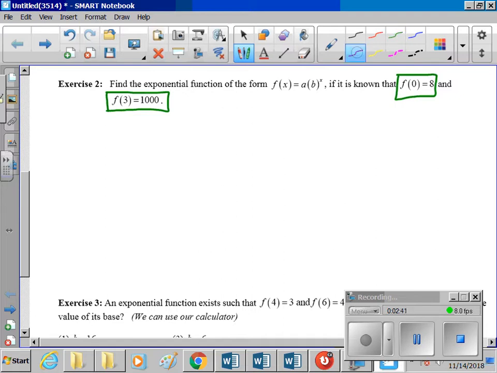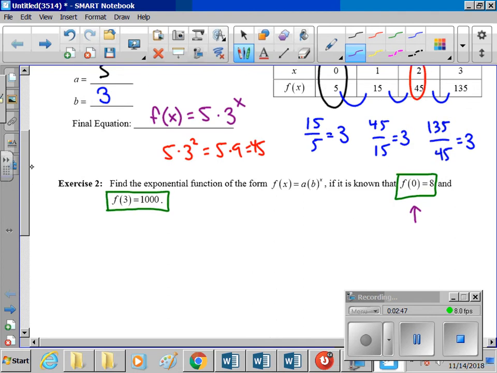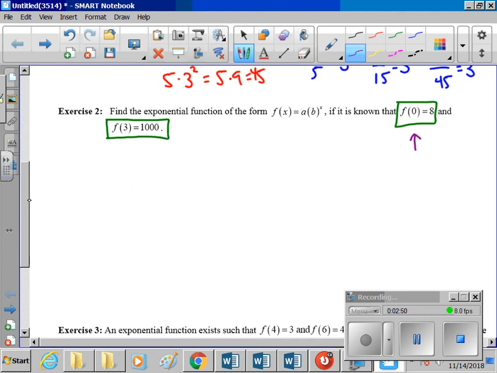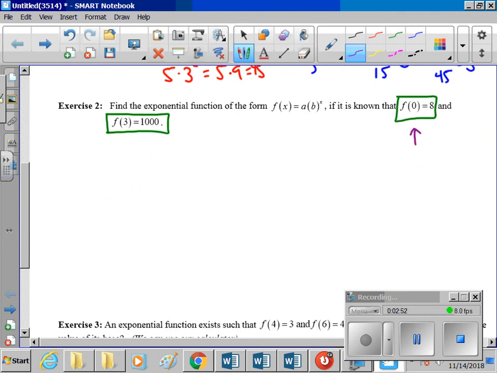Well, one upside is that they gave us the y-intercept again. Remember, the y-intercept is always our a. So if we have f of 0 equals 8, well, that's our y-intercept. So a equals 8.